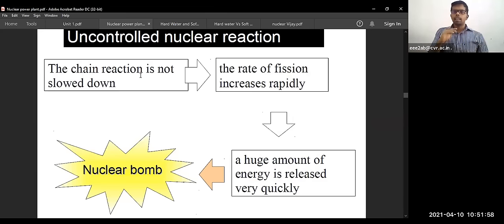The rate of fission increases rapidly, and a huge amount of energy is released very quickly. That is called a nuclear bomb, like what was detonated on Hiroshima and Nagasaki in Japan. That is very dangerous, as the chain reaction keeps growing.